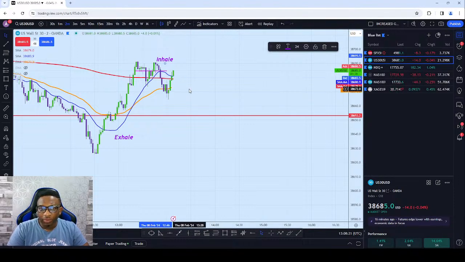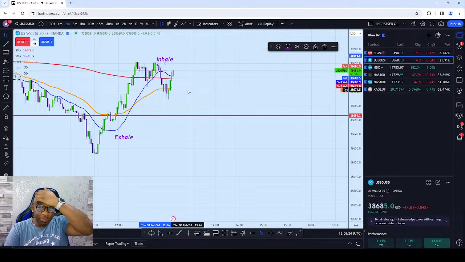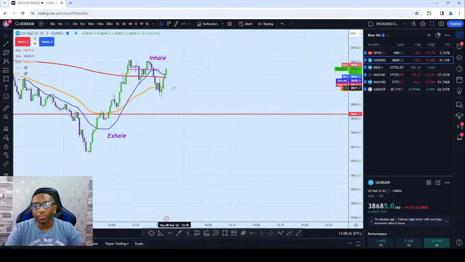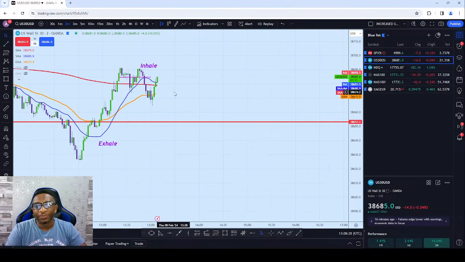So now, looking at US 30, price has just broken above the moving average. So we'll look out for a setup and then we can take it up. And the other area of concern is this area.